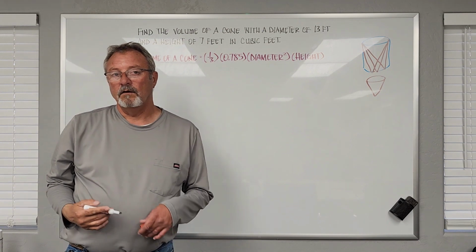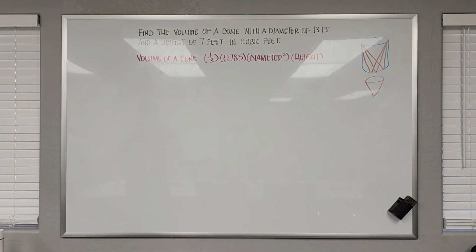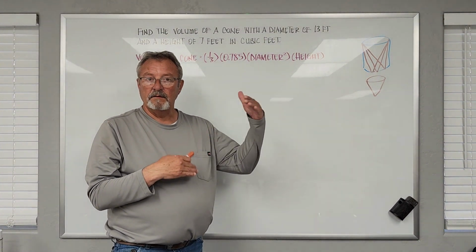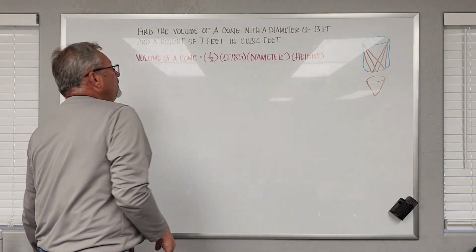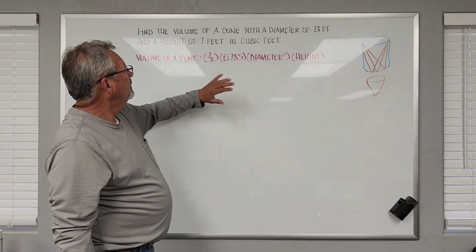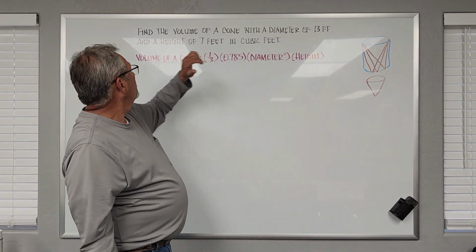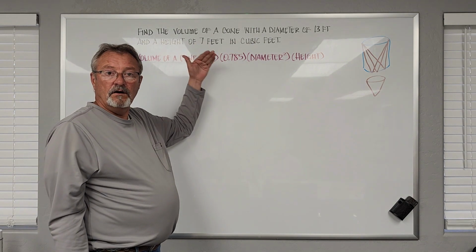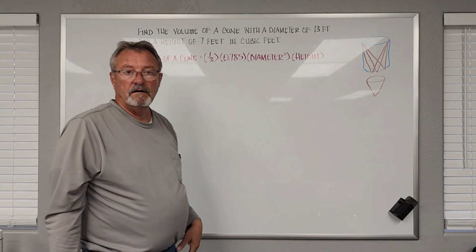A cone is always going to be 1/3 the volume of a cylinder of the same proportions. What does that mean? Well, what that means is I have a cylinder. In this case, it's 13 feet in diameter, 7 feet in height. Because it's a cone, I need to calculate what 1/3 the volume is of that cylinder.